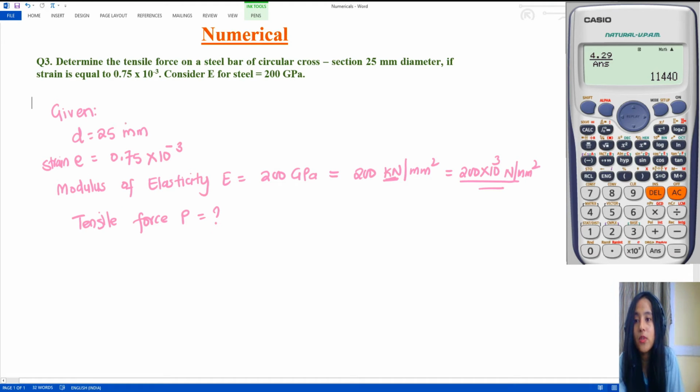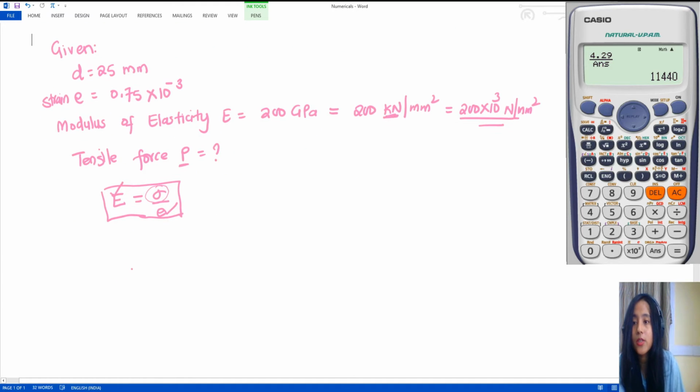Now from this given data we need to find force P. First let us find, from the relation modulus of elasticity E is equal to stress by strain, the stress, because if you look at the question, modulus of elasticity is given, and strain is given. If these two things are given, then we can find stress, right? So how much is E given?